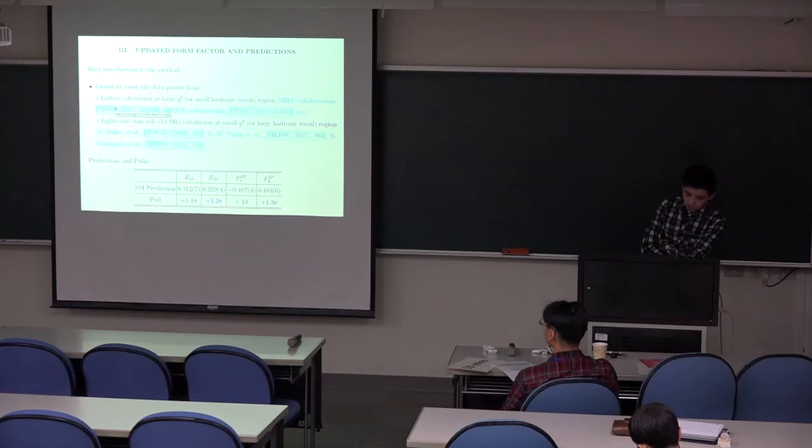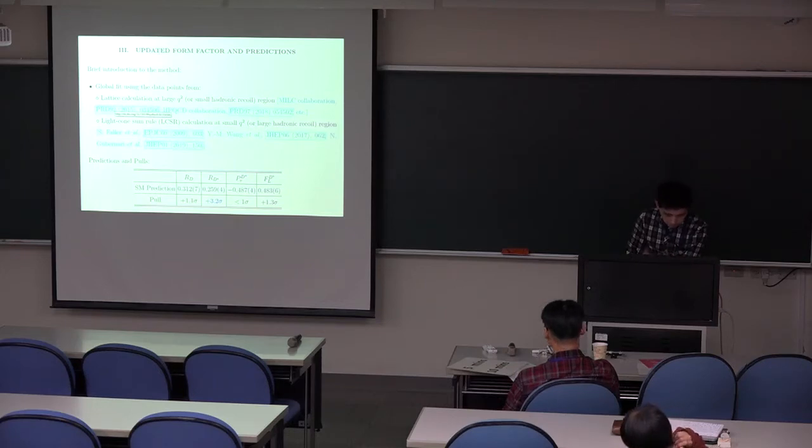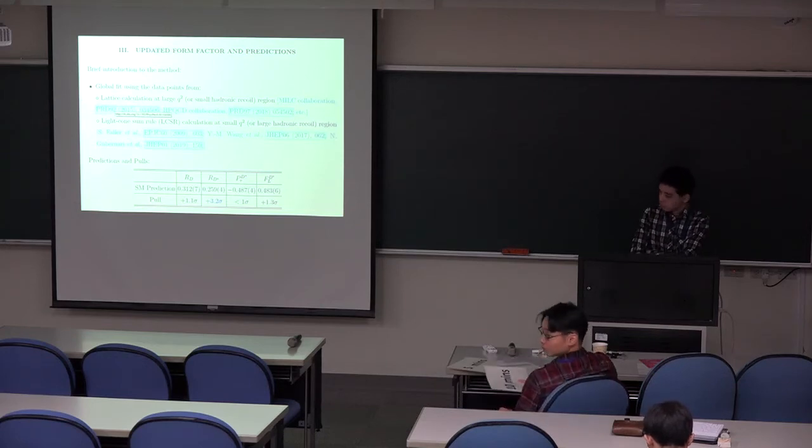Now let's turn to the updated form factor and the prediction. In fact, this is the main part of our paper, but I'm not familiar with this calculation, so we go through quickly. My collaborators performed a global fit using the data points from these two ways. One is from the lattice result with the large q squared.